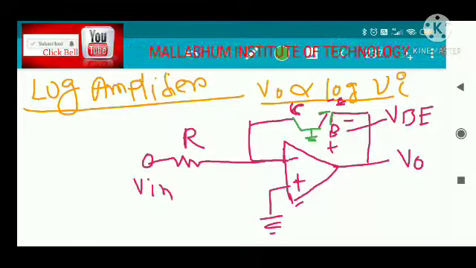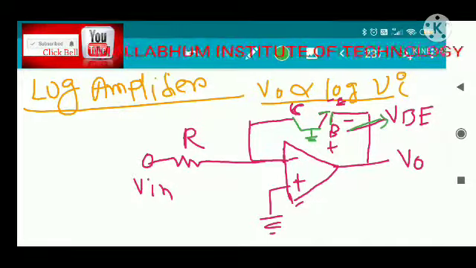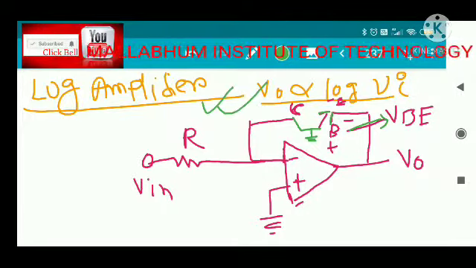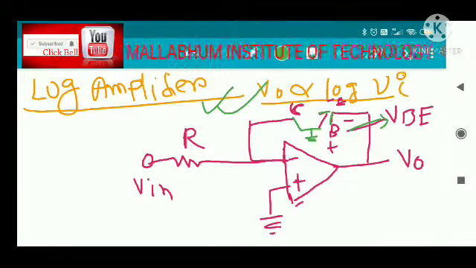So in the feedback path a transistor is connected, and this is the base to emitter voltage of the transistor, this is the output voltage. So this is all about the circuit diagram of this operational amplifier.